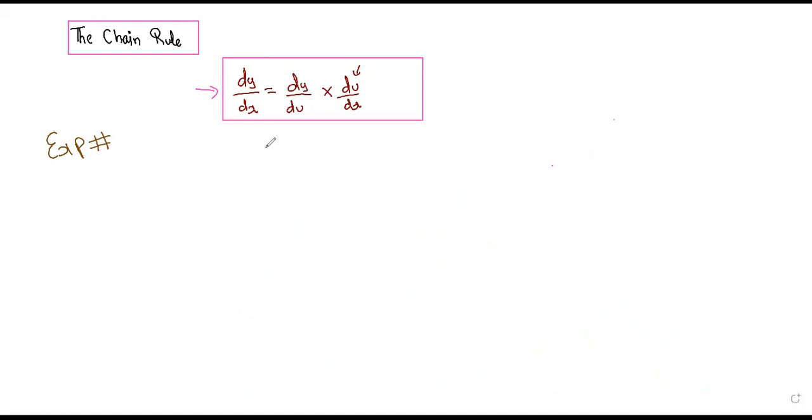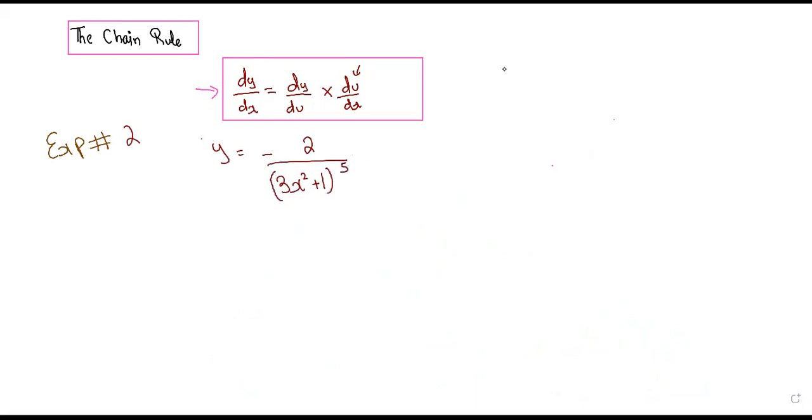So let's say we need to find the derivative. It's example number 2 of y equals minus 2 divided by 3x square plus 1 to the power 5.